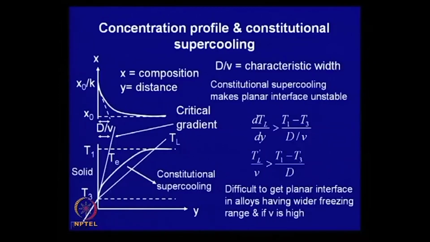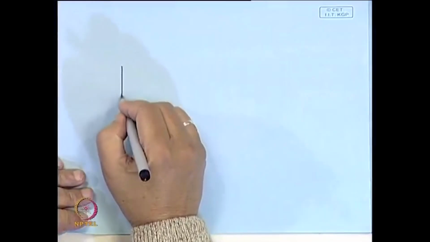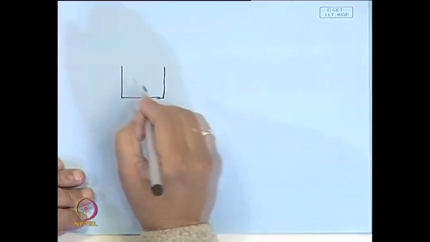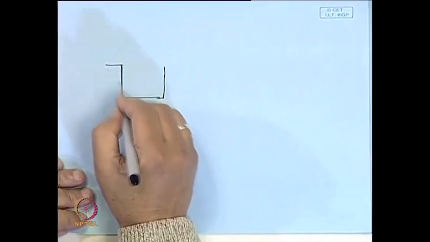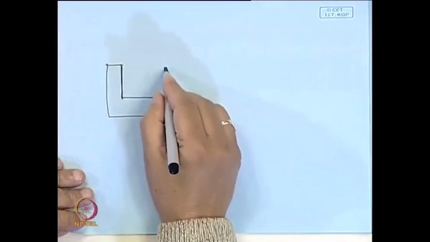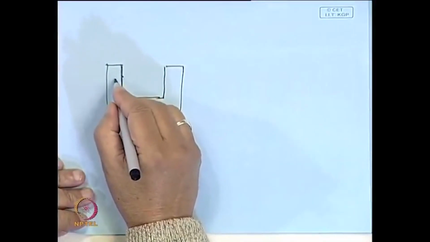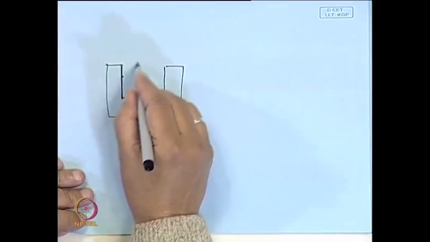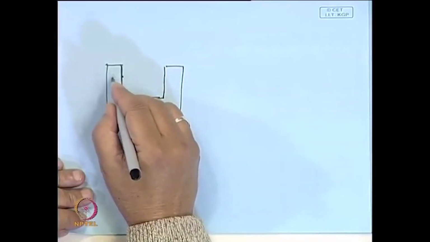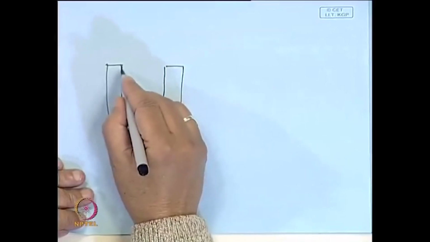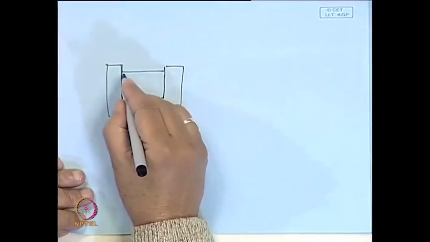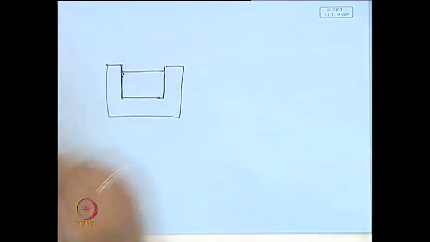The reason is, if you look at a mold and you pour a metal, initially you have a very high gradient. The mold temperature will be much lower, and when you pour the metal, initially here the gradient is very high.